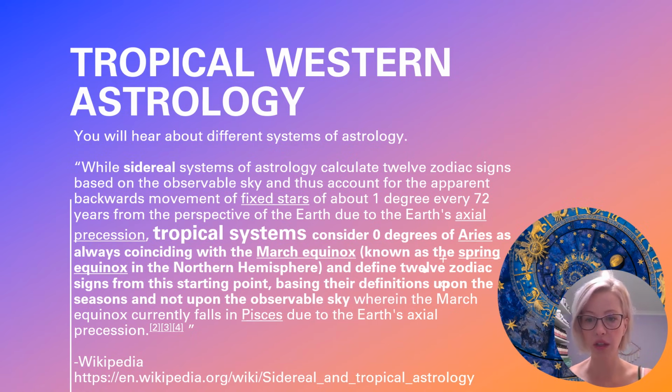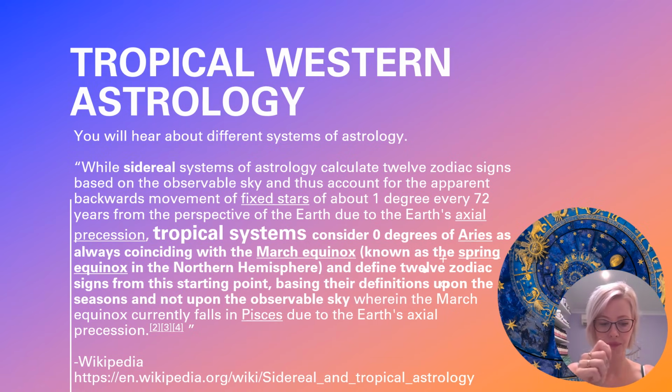2,000 years ago, the sky looked different to what it does now. 5,000 years ago, it looked different to what it does now. So people who maybe doubt astrology will say, well, how can it be real? Because what you're looking at now in the sky, what we call Aries season, actually isn't Aries season, for example, because of Earth's precession, which is really hard to explain.